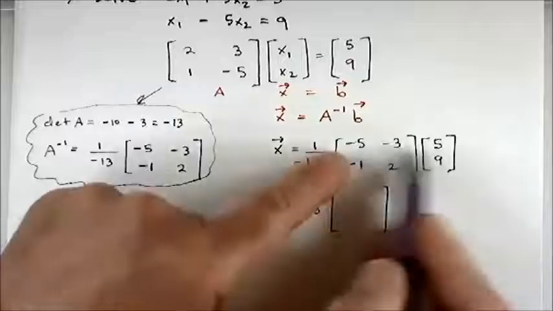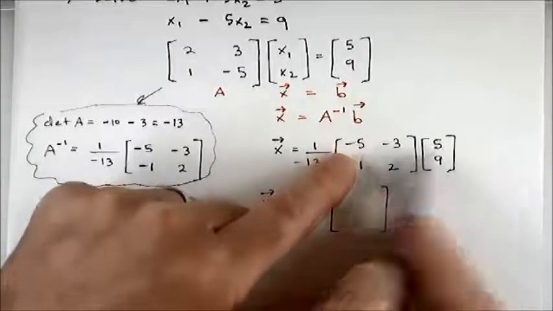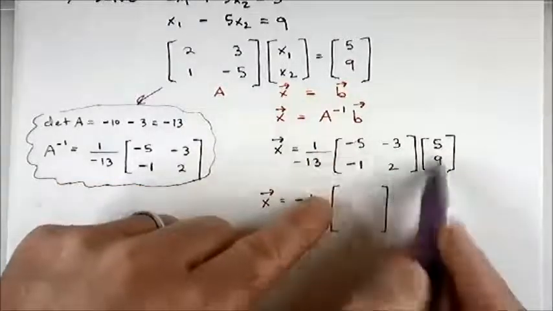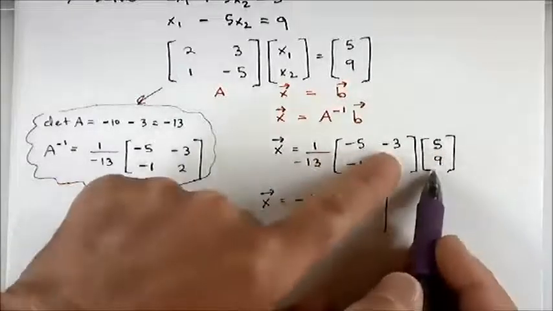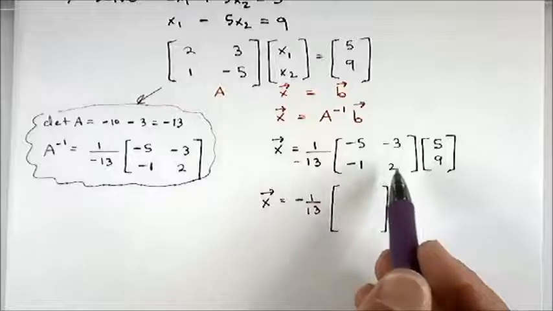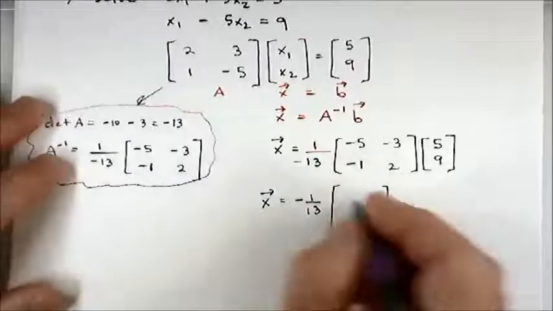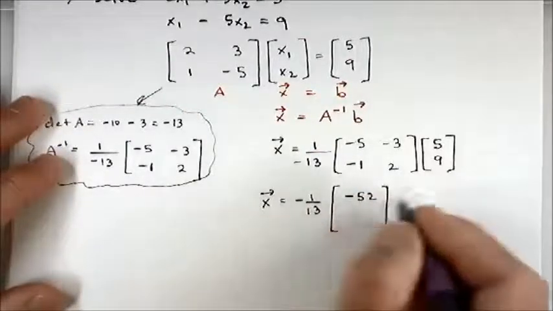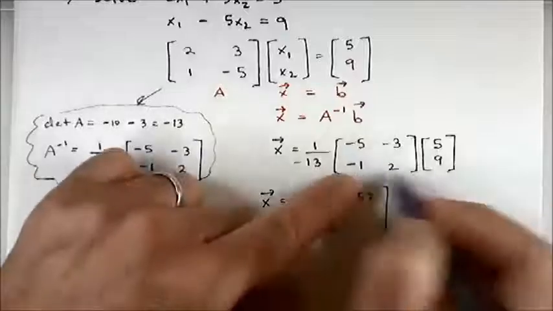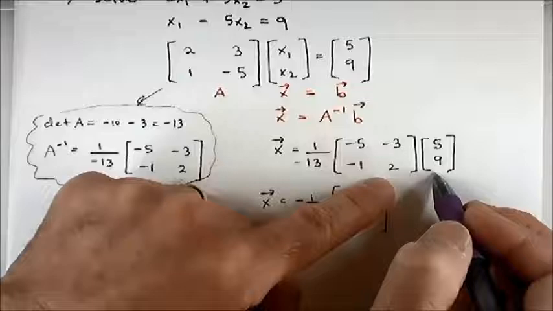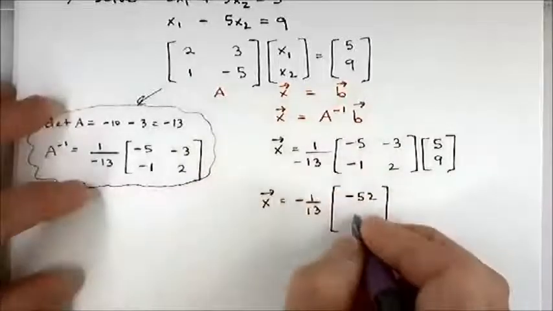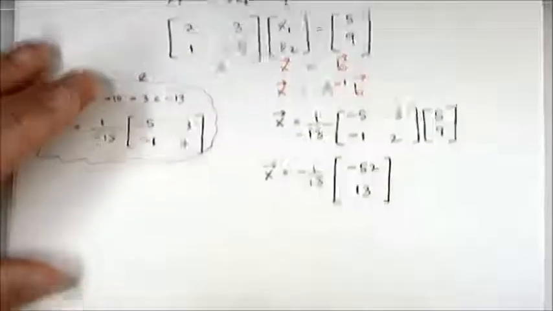Okay, this shouldn't be too terrible here. I got a 2 by 2 times a 2 by 1. So the row times the column, -25 minus 27, is -52. -5 plus 18 is +13.